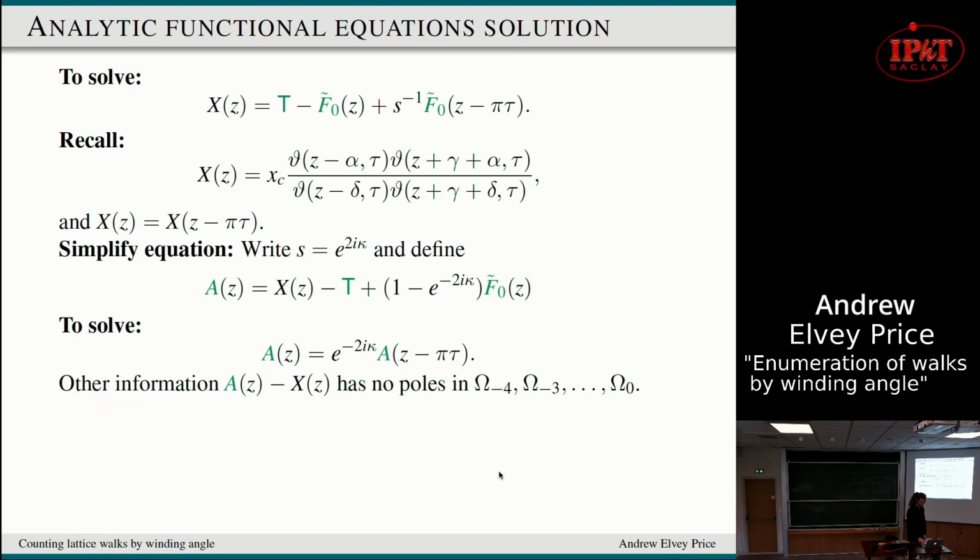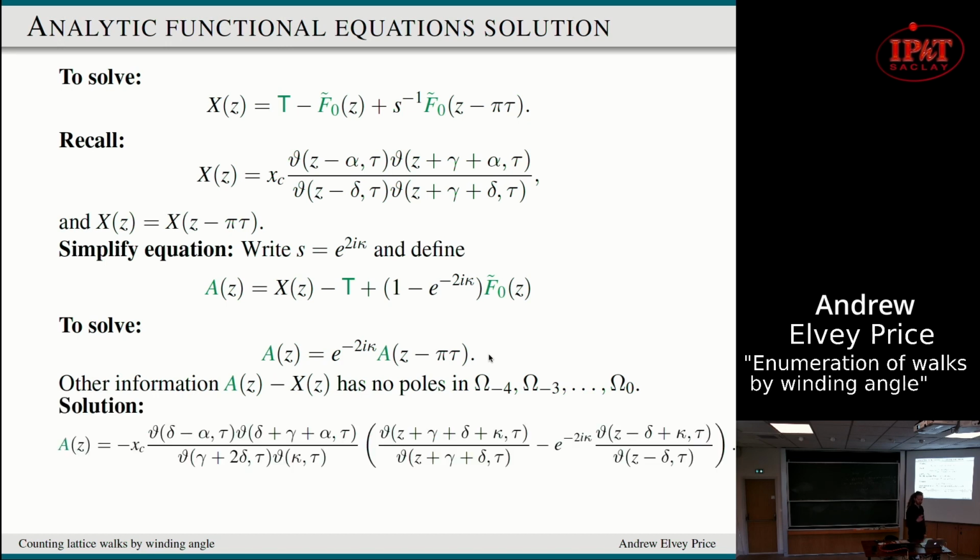If we write s as this factor, so we define kappa so that s is something like this, then we write a as something to do with f, and we just need to solve an equation that looks like this, with a bit of extra information that comes from complex analysis.